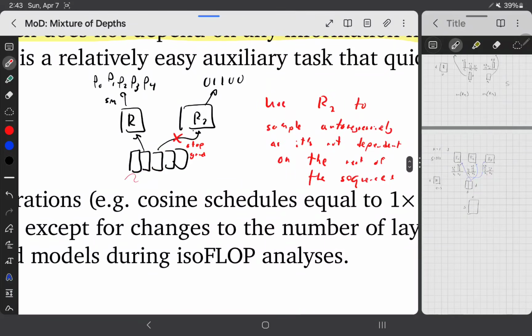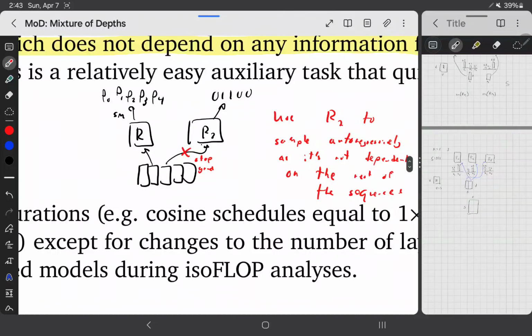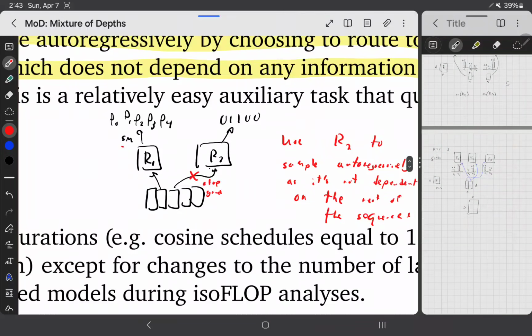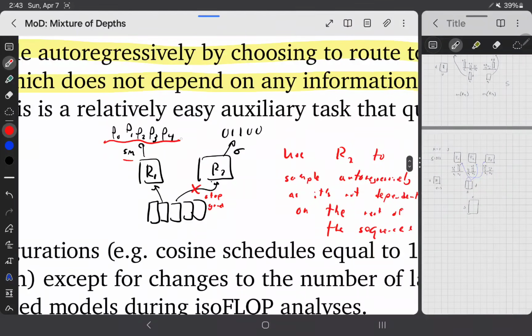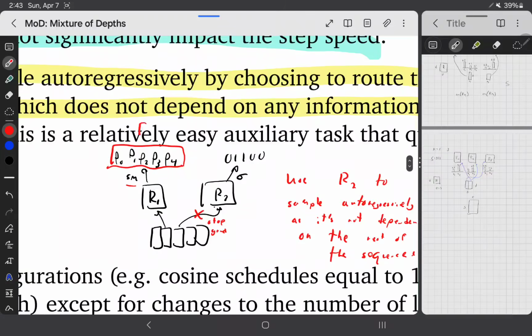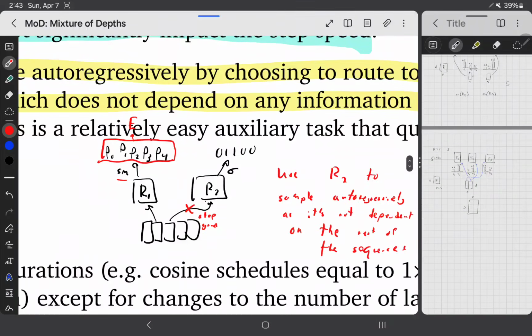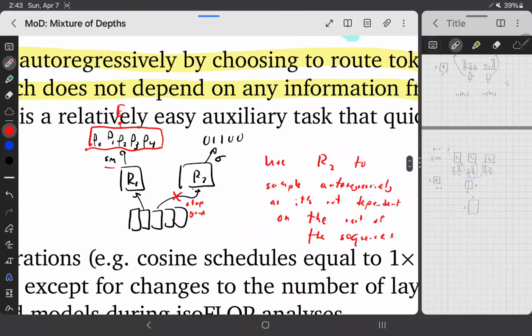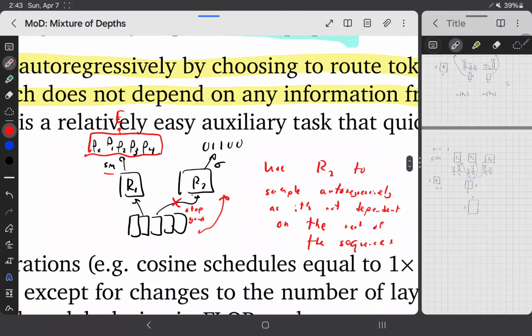So you have a set of tokens here. You have a router. This is your normal router, under the softmax distribution. This is under the sigmoid distribution. This gives you your normal probabilities for your expert. You then send it through the expert. Now, you also send it through the second router here, and the second router is just the sigmoid router.